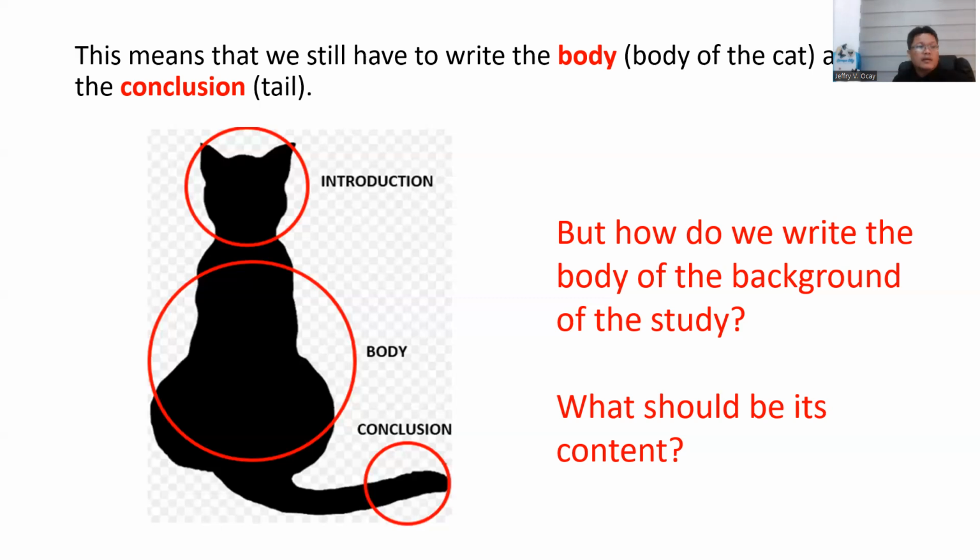So again, the common mistake that young scholars commit is that they just write whatever they want to write, to the point that the background of the study appears like a conglomeration of random thoughts taken from somewhere to anywhere, from different angles.